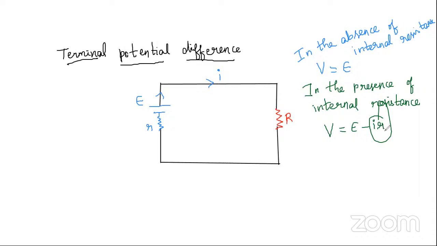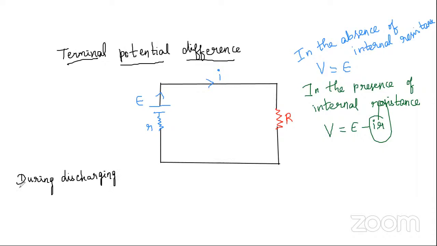Now we are going to discuss some cases of this circuit and some important points to be understood for solving numerical problems. During discharging of this cell, the internal resistance of the cell is included.